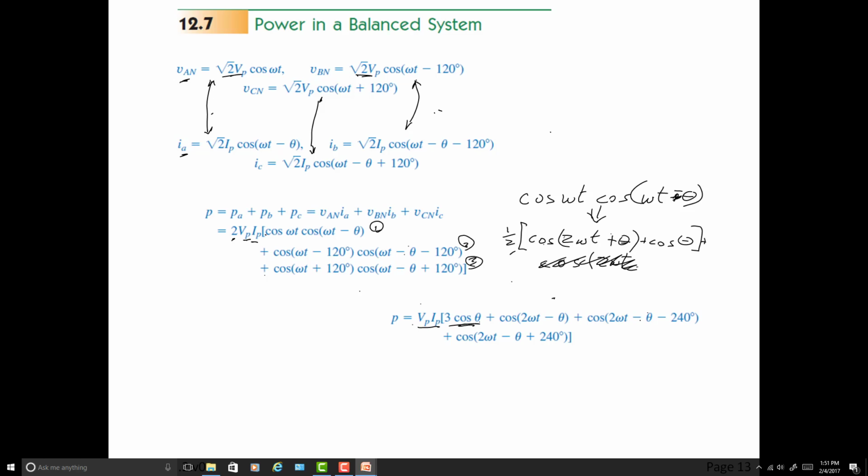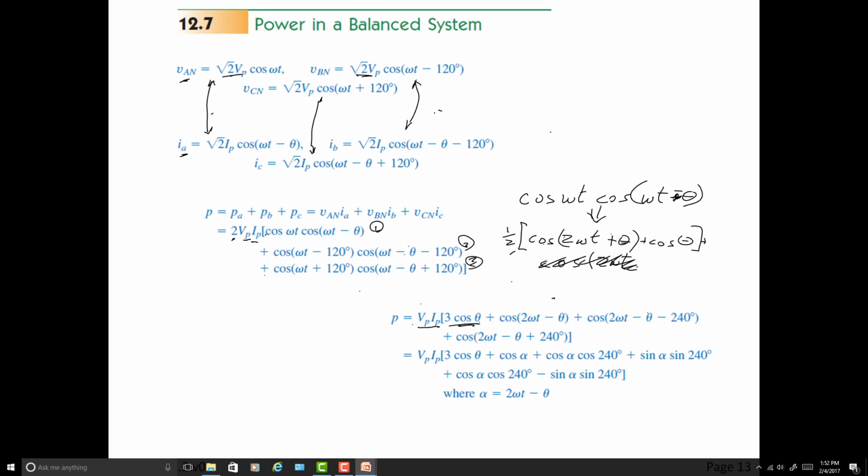Right, so that gave me 2 omega t minus theta minus 240 degrees. Then I do it again with plus 120, and I get plus 240 degrees. So messy as it is, that's where all those terms came from. That whole thing reduced to those 3.